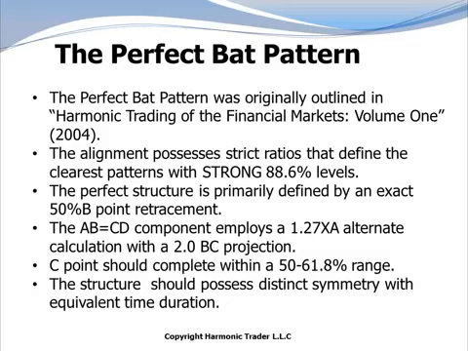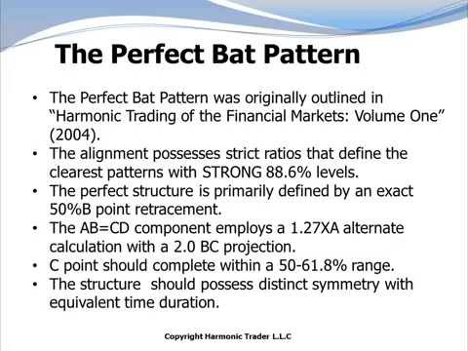The perfect structure is primarily defined by an exact 50% B-point retracement. The ABCD component employs a 1.27 XA alternate calculation with a 2.0 BC projection. Now, these two other measurements are the only measurements in the perfect structure that can combine with the 886 retracement.